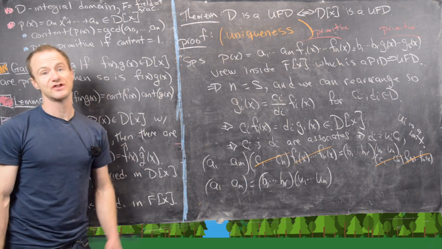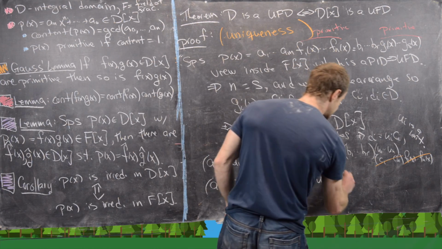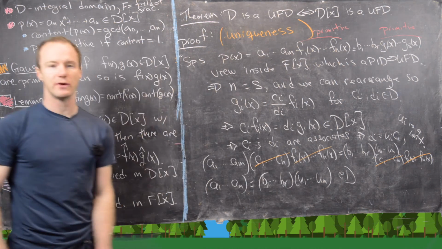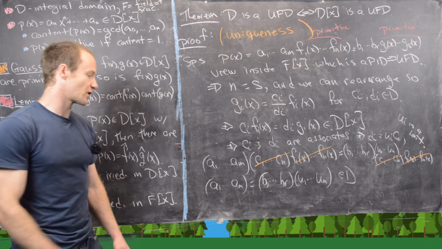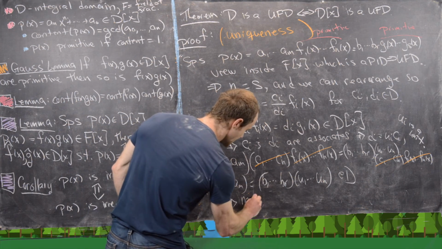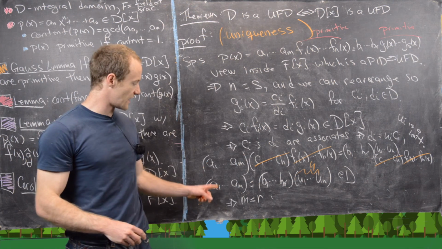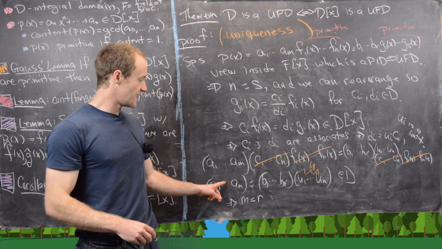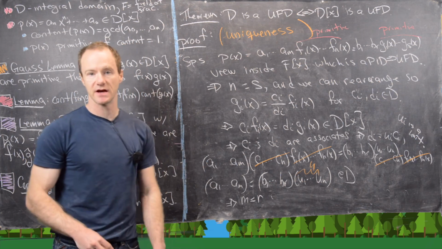But this is an equation that's happening all inside of D, which is the original UFD. And since we're inside the original UFD, we know immediately that m equals r. In other words, we have the same number of irreducibles here as we do here.